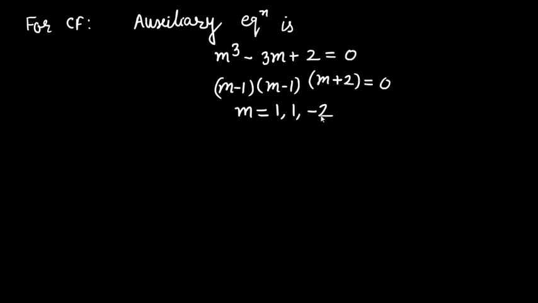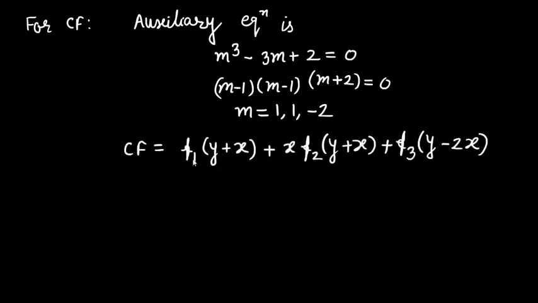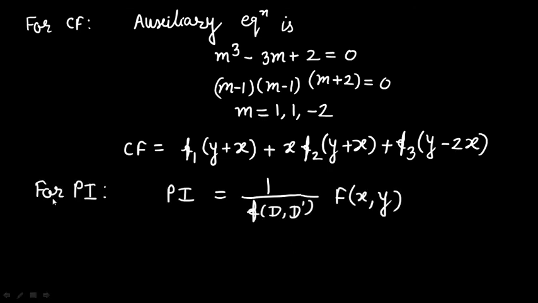And here minus 2 means a different value. Therefore, this CF is the combination of case 1 and case 2. Here for the first two terms for the repeated value, therefore we write down here f1 (y plus x), f2 (y plus x). Now for minus 2 here, f3 (y minus 2x), because the value of m equal to minus 2. This is the next equation.